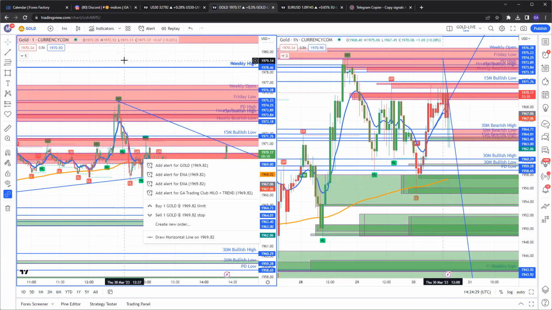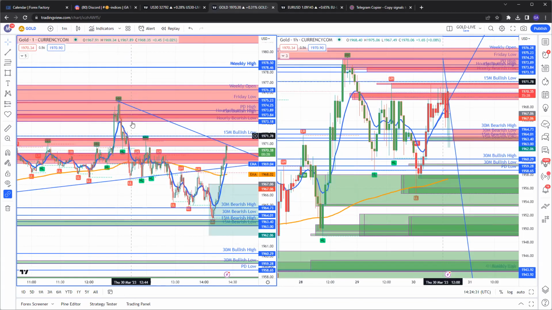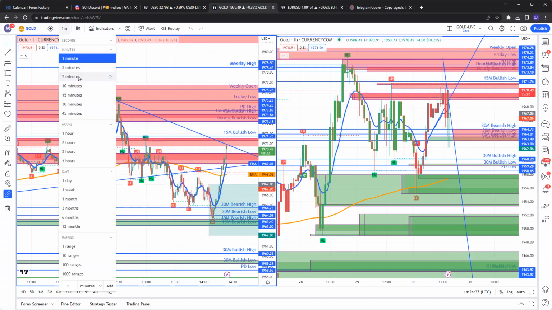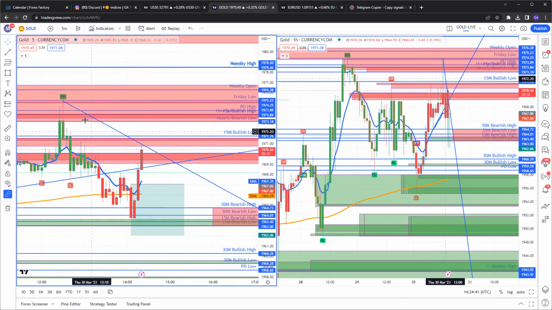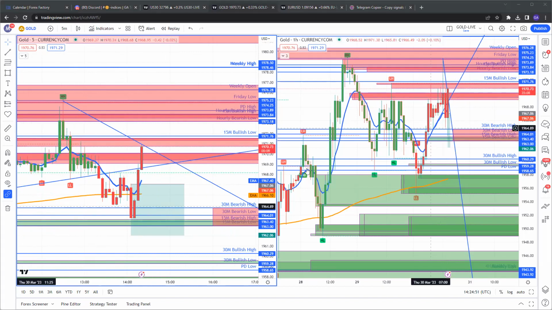On the 1 minute, you see a lot of zones or a lot of highs and lows created, and they're just consolidating. But if you go on the 5 minute, that's when you'll see the proper direction of a trend line, because on the 5 minute, we only have a higher high created. So on the 5 minute, for a sell on gold, we need an establishment of a lower high.